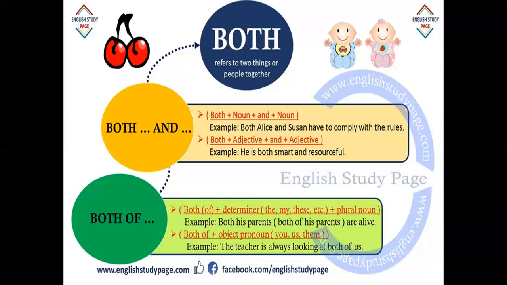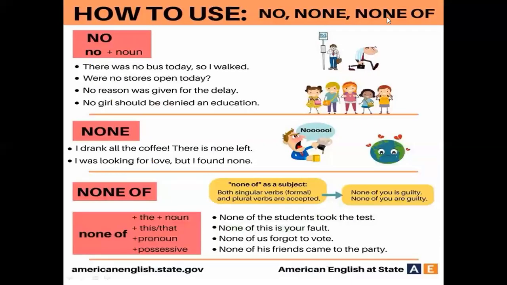Remember, both of refers to plural nouns, and we can use it with object pronouns. When we use both and and, we are referring to two specific things or two specific people.